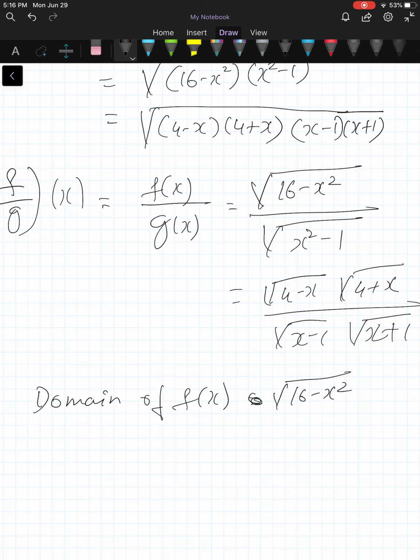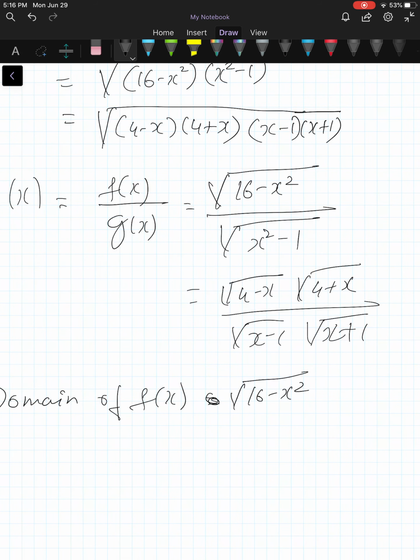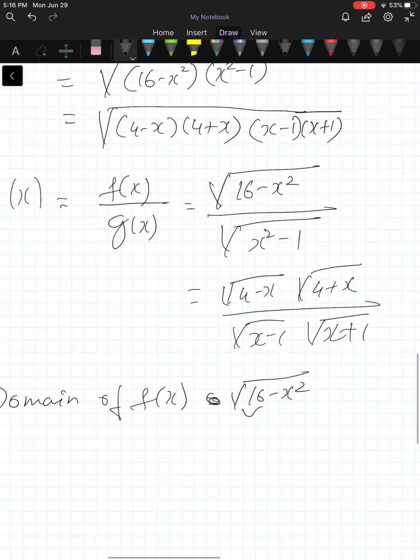You know that we haven't yet defined the square root of a negative number. So when will the term inside the square root be negative? Whenever the x square value is greater than 16, right?